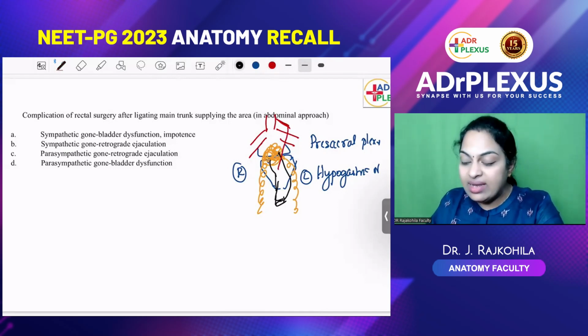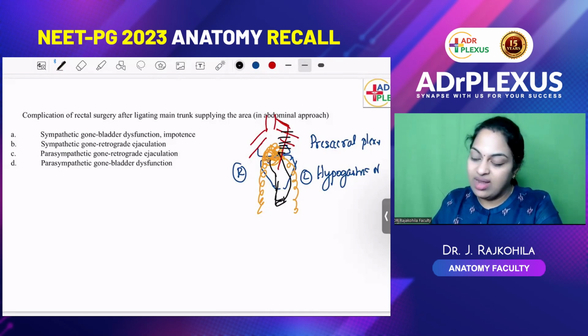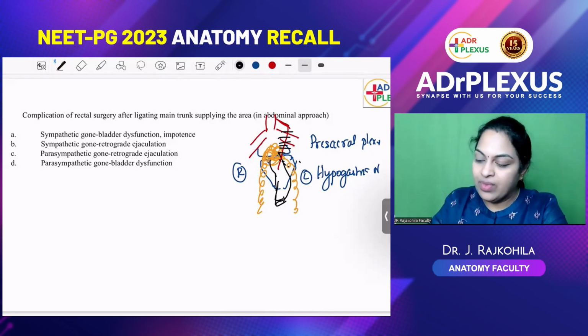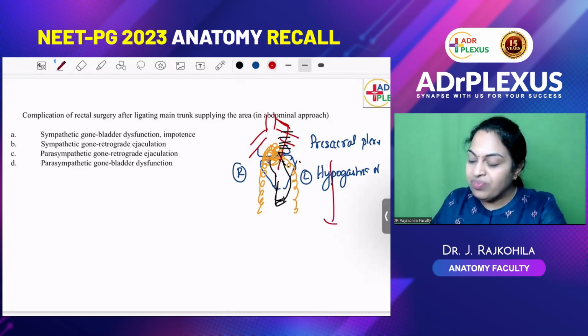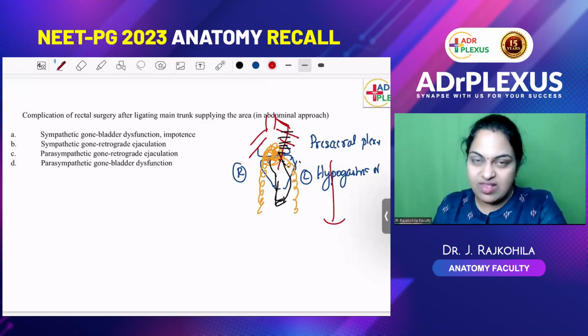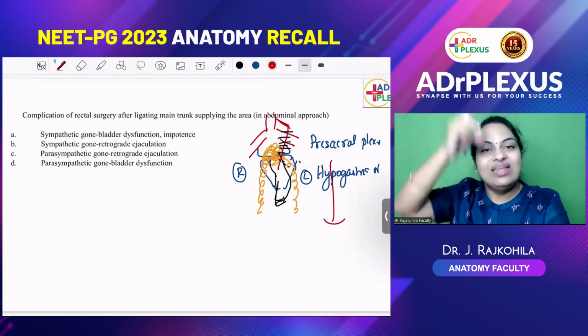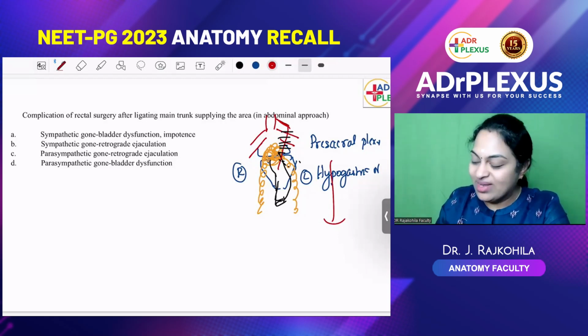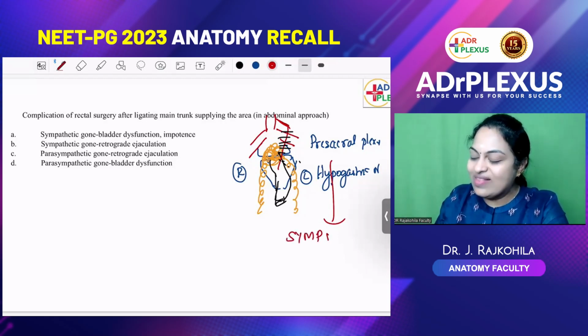When you do a high ligation of the inferior mesenteric artery, the superior rectal artery, a complication can come from injury to this presacral plexus. Why are we talking about it now? This presacral plexus or the superior hypogastric plexus and the right and left hypogastric nerves coming from it are purely sympathetic.